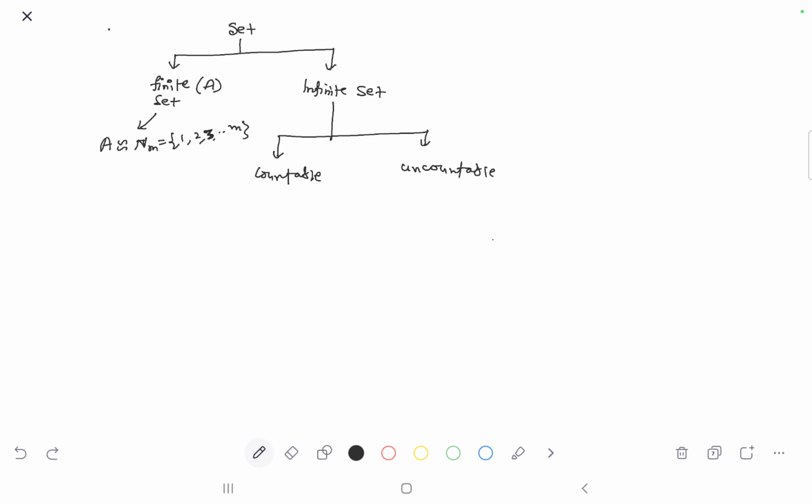A set is said to be countable, or it is countably infinite. A set is said to be countable or denumerable if it is finite. So this is called countably infinite. This is called a countably infinite set.